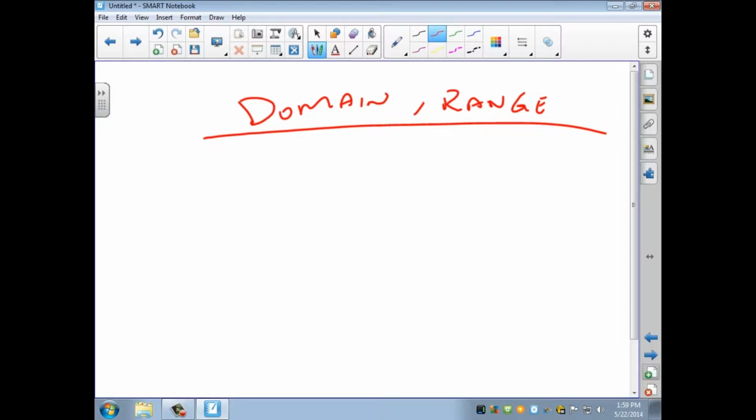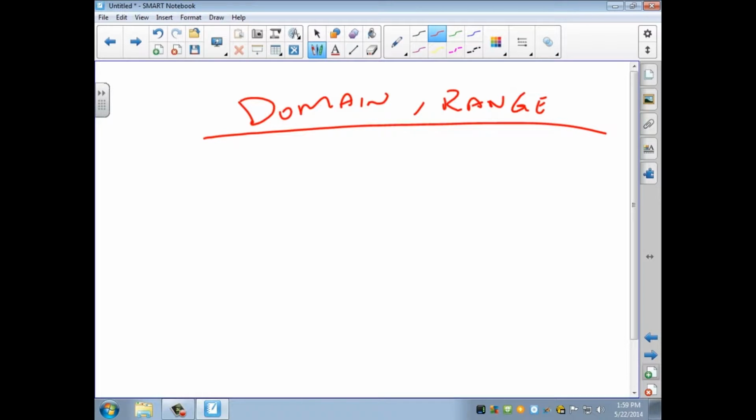Over what value of x is the function defined? That would be the domain of the function. And based on the domain of a function, what value does y take? What value does the function take?